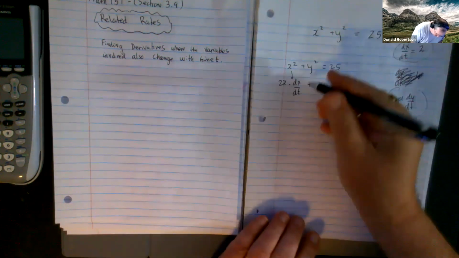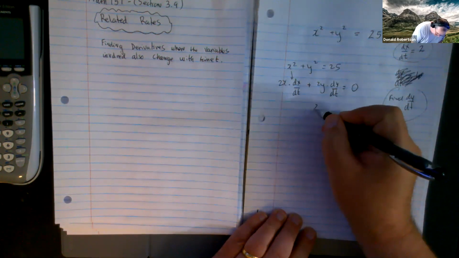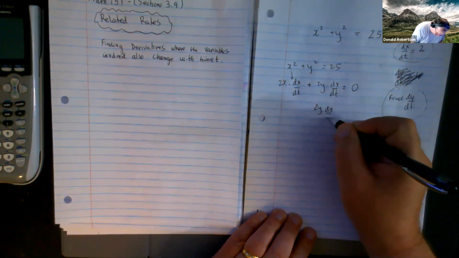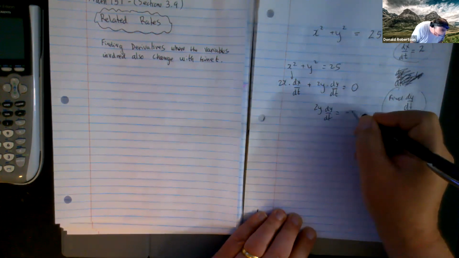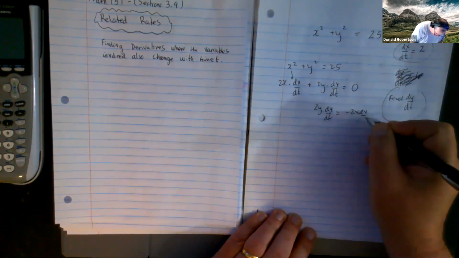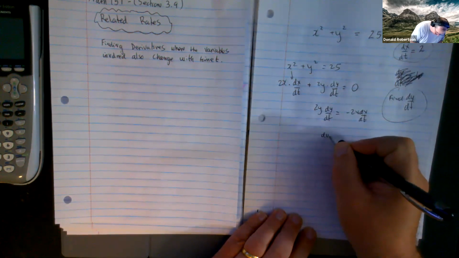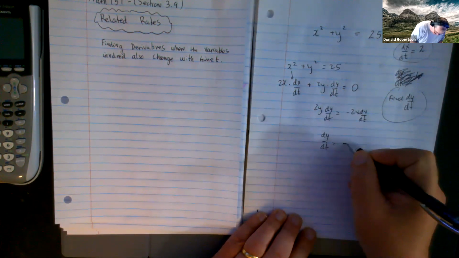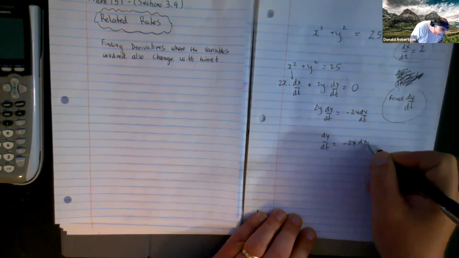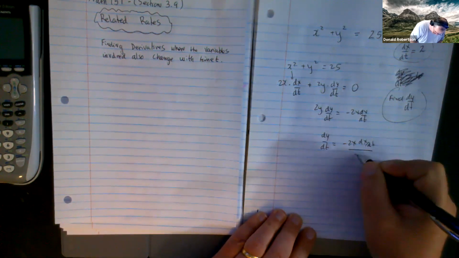Now you rearrange this, and you get this. And you divide both sides by 2y.